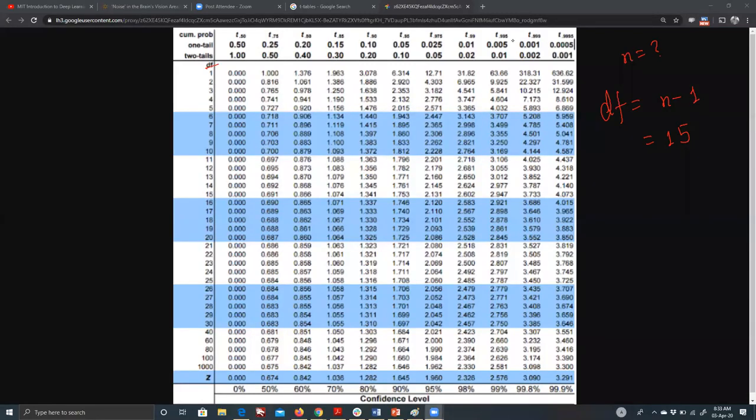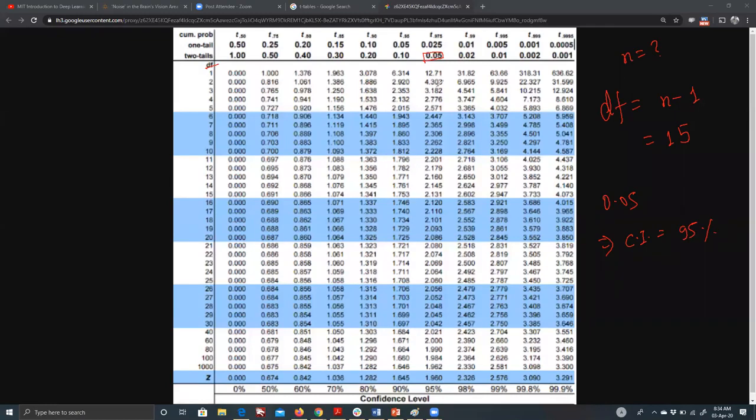Now you have to read whether it is one tail or two tail. Because the question doesn't specify, we have to assume it is a two tail problem. For two tail, we have to find 0.025, because 0.05 means CI is 95%, or confidence is 95%.